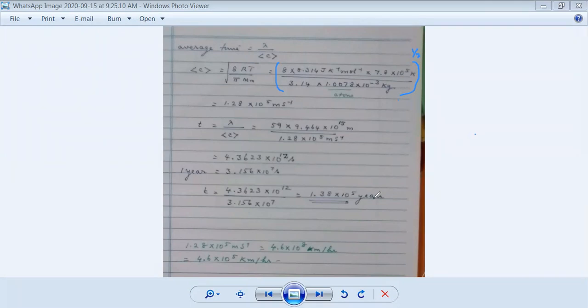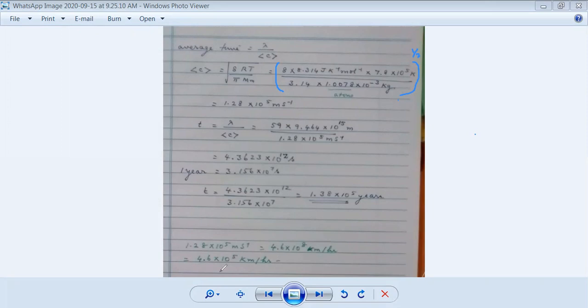But actually, if you look at the average velocity, look at the velocity. The average velocity is 1.28 into 10 power 5 meter per second. Look here. So if you multiply this by 60 into 60, you are getting 4.6 into 10 power 8 meter per hour.